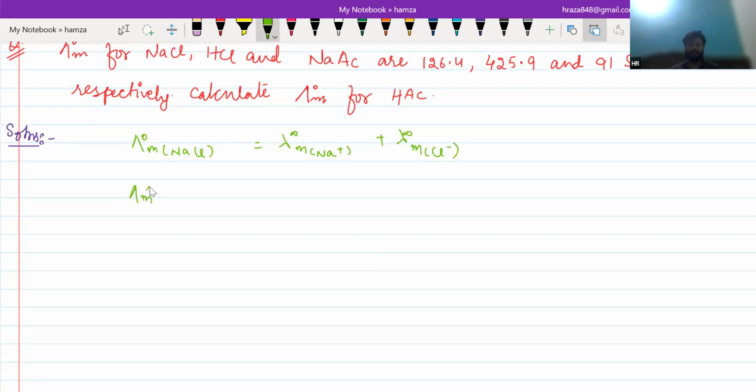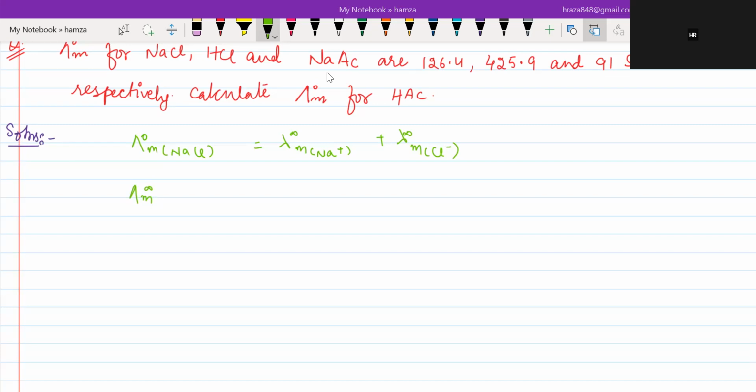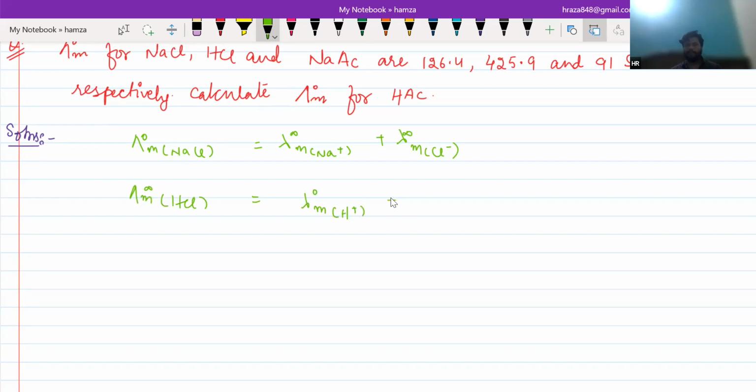Now after NaCl you can see it is HCl, so it will be equal to lambda naught m for H plus plus lambda naught m for Cl minus.